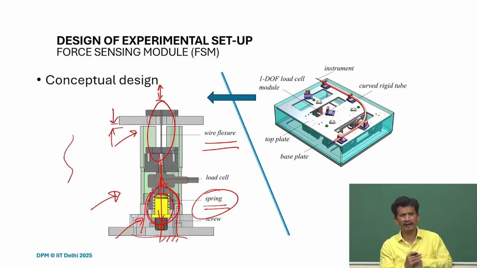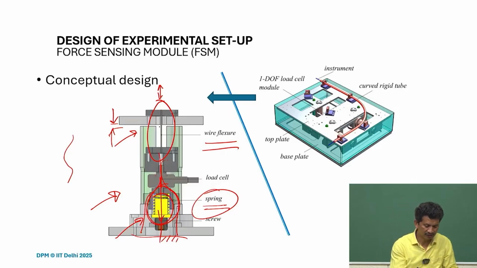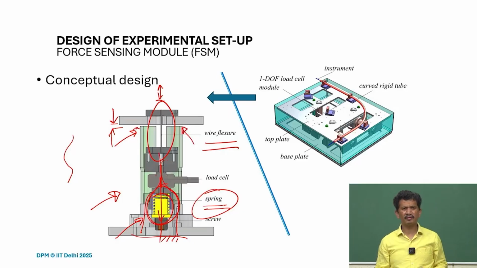In that case, it will not buckle and will not destroy the flexure; it will simply get deflected and sit here. These are features which can be easily embedded if we work on this kind of setup, and if we visualize what can happen and how to protect our system, our setup.